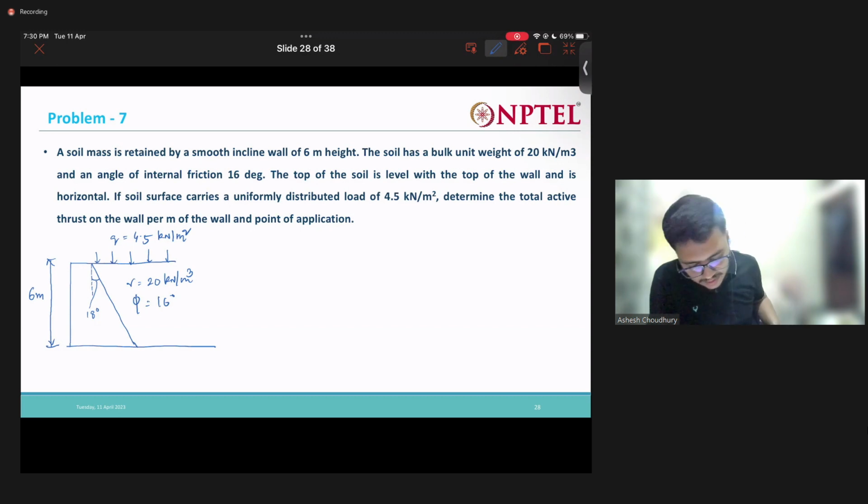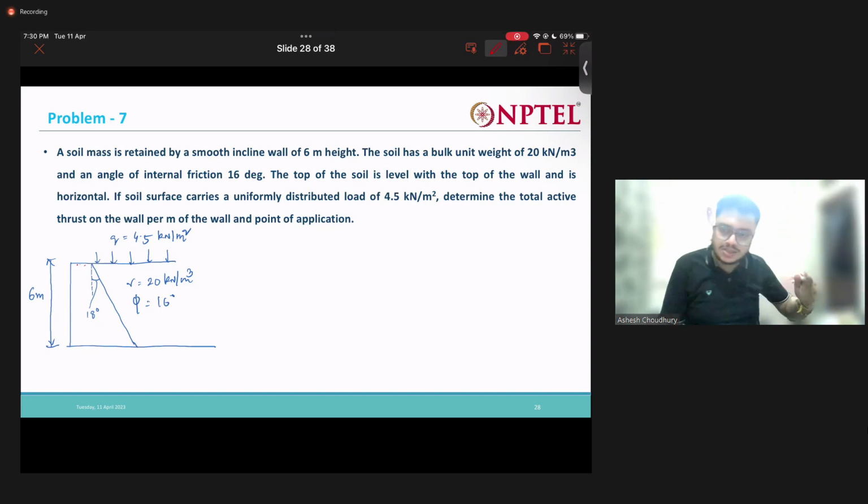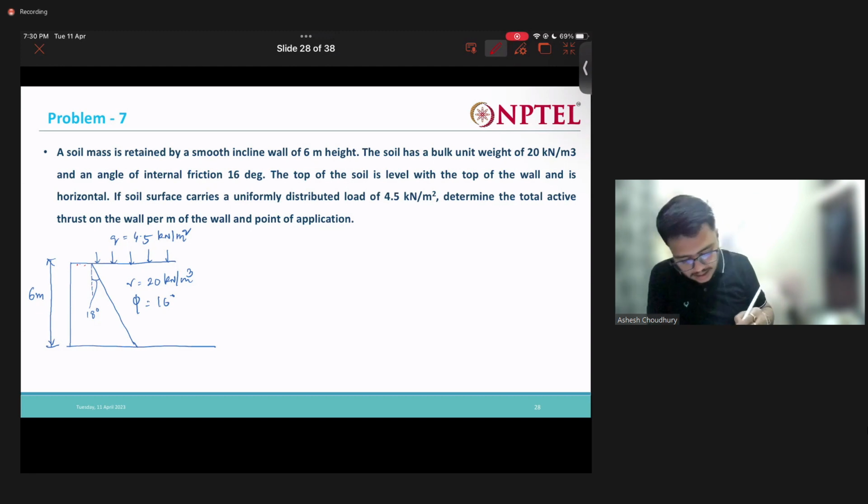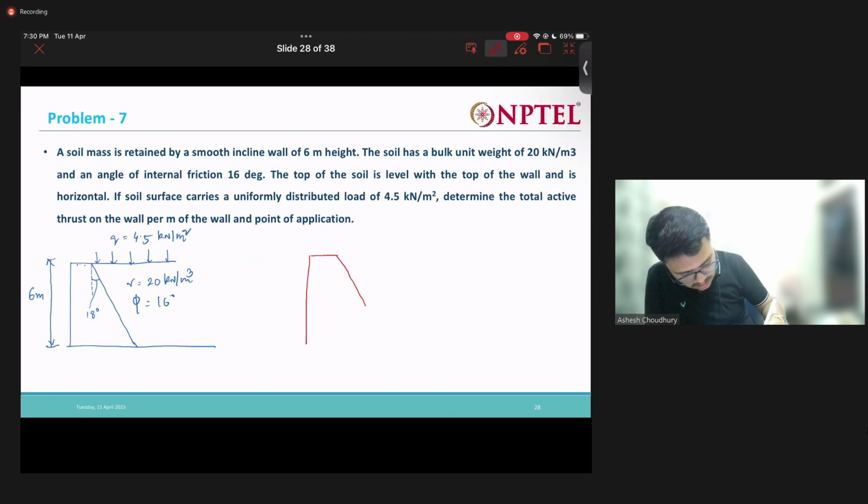So for this case, we will be converting. So this is my wall. The wall is actually inclined at 18 degrees. So this wall I will be converting it to like this.